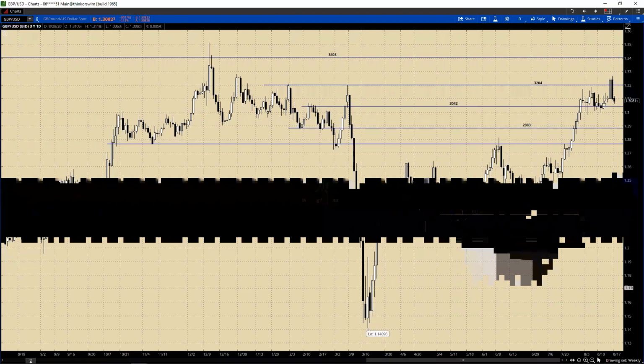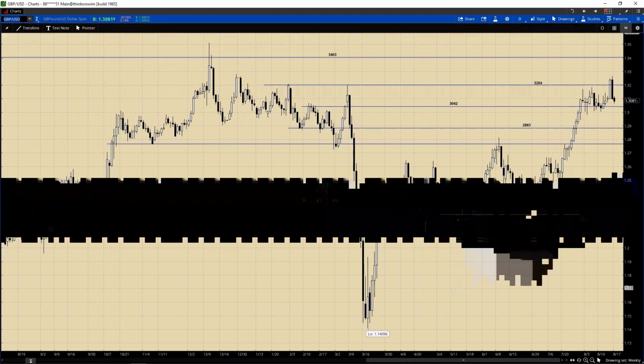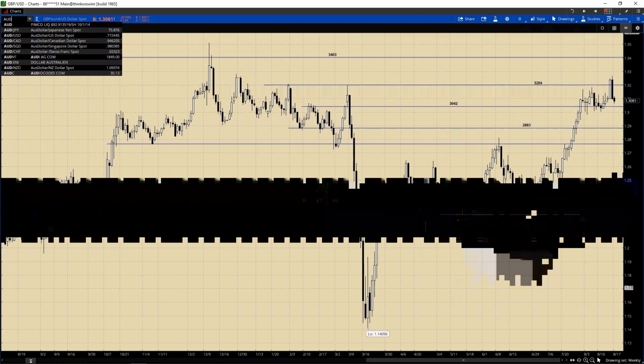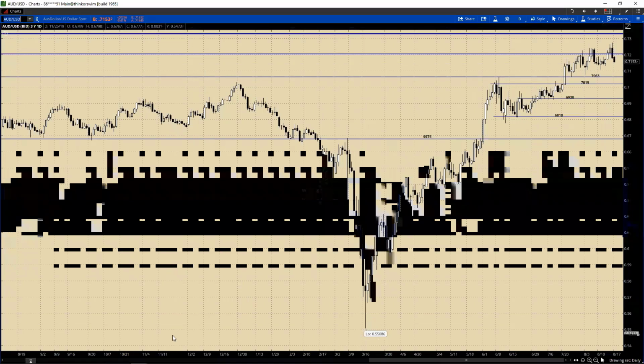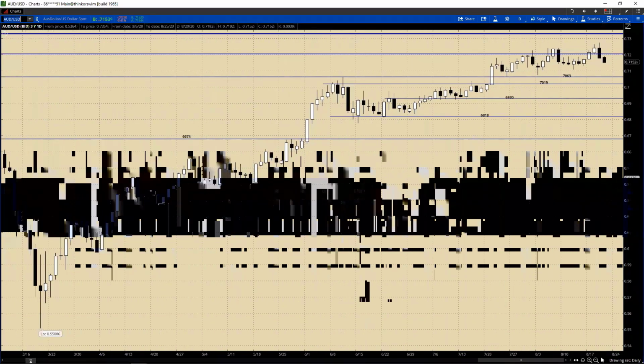And let's move on to the Aussie dollar. We're still up here in the stratosphere, looking here in the daily chart.